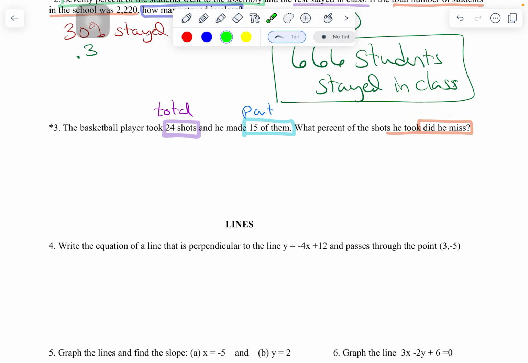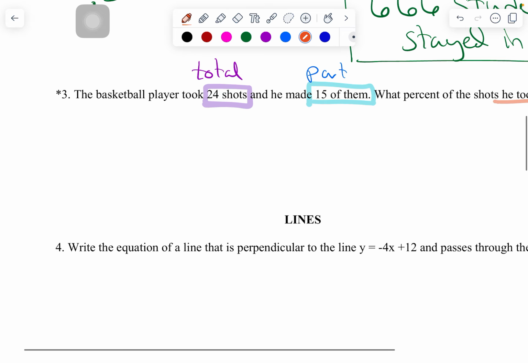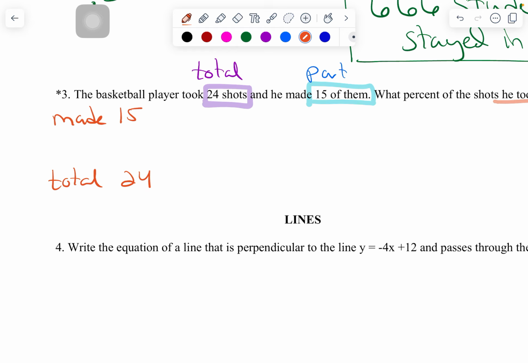Or the other thing you could do, and it won't matter mathematically which way you set this up: if he made 15 shots and our total was 24, then he had to have missed 9 shots. Let's check. 15 plus 9, yeah, that's 24 shots total. You're either going to make a shot or miss a shot. Those are the two options. So he made 15, missed 9 of them, with a total number of shots of 24.